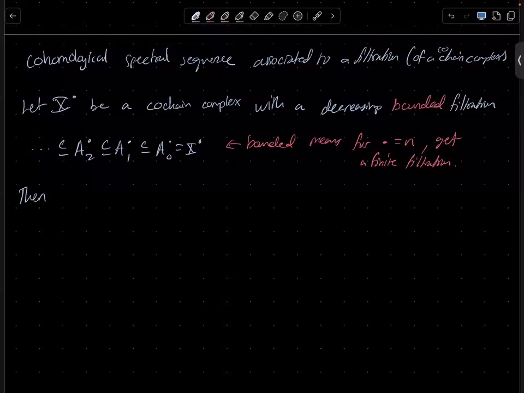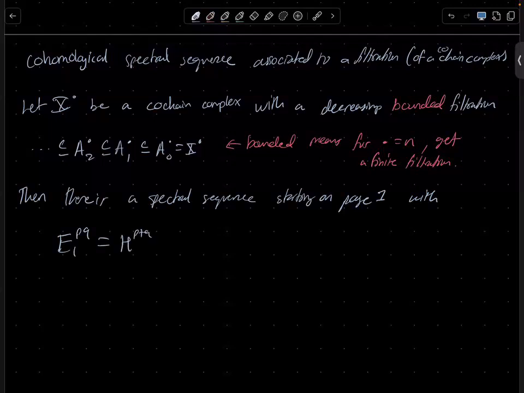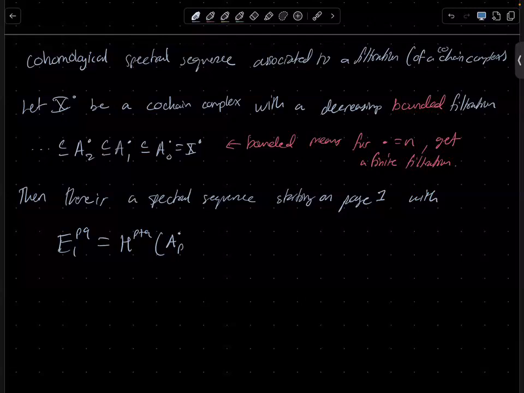So then there is a spectral sequence. And it starts on page 1. With, so I write down the E1 terms. So E1^{p,q} is going to be H^{p+q}, the cohomology of this quotient complex, A^p mod A^{p+1}.